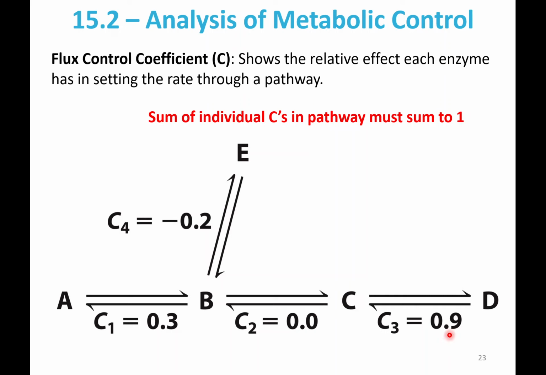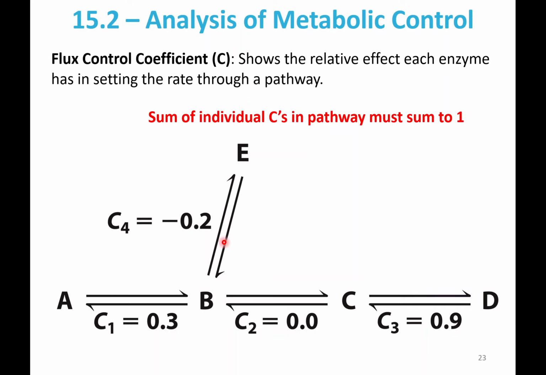Because it has a higher flux control coefficient. Okay, this one is 0, so this one is not a regulated step. It's in equilibrium. Okay, this one has a flux control coefficient, but it's smaller, right? So this is a regulated step. It does control some flux, but not as much as this step.